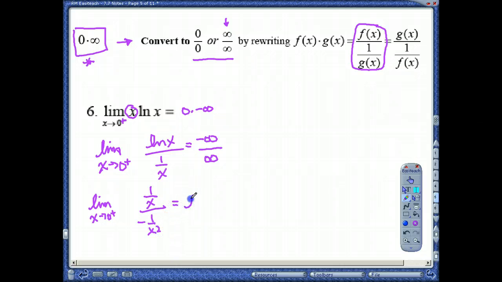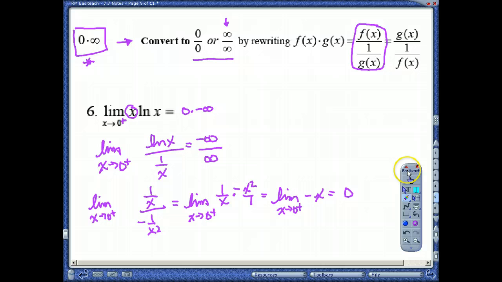So if we flip and multiply, remember when we're writing out free response problems, we must write out our work. So that's going to be negative x squared over 1. So this little guy just turns out to be the limit as x approaches 0 from the right of negative x. Well, if I put 0 in there, I'm going to get 0.